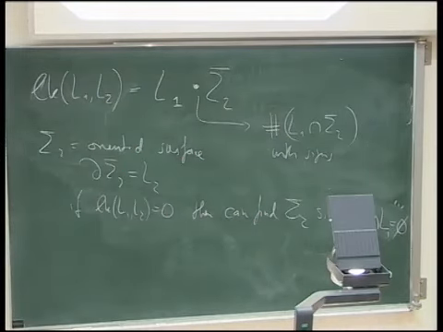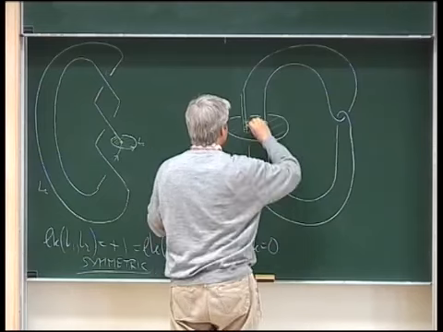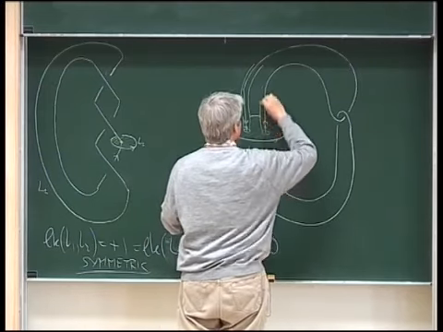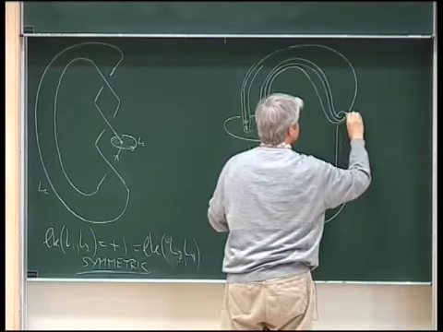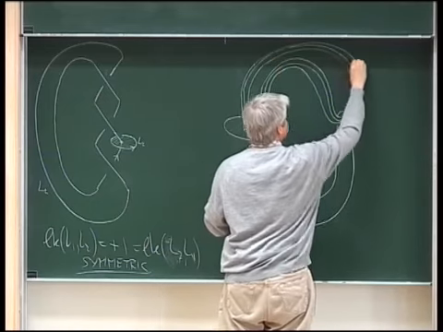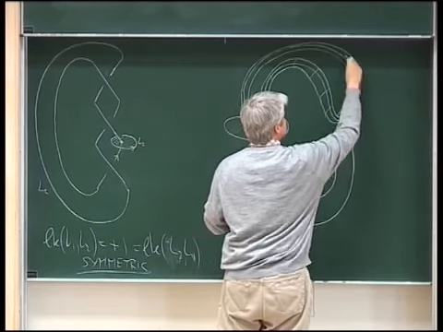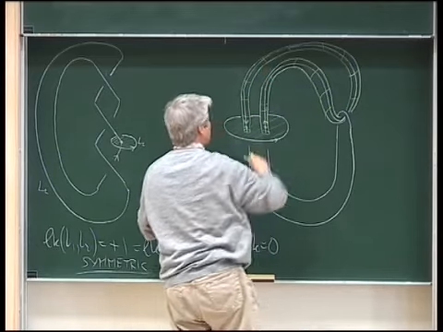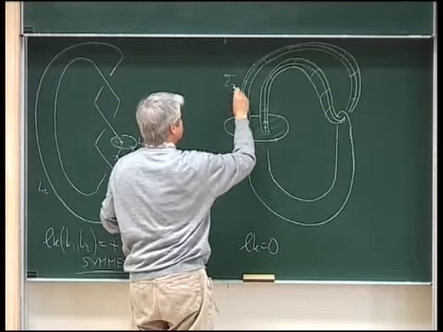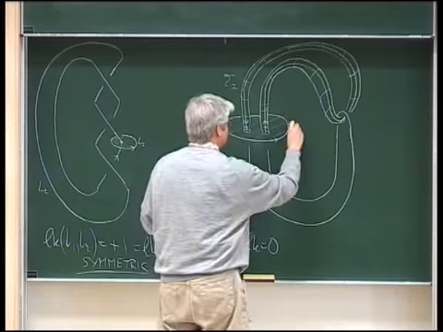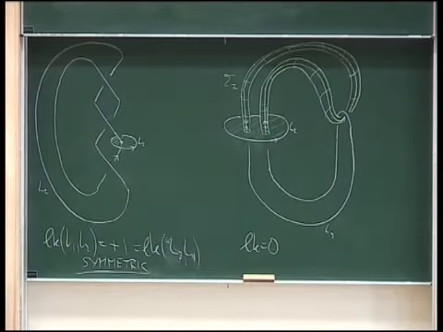So what you would do here, you would just say, okay, I take a little tube here, and I walk along this surface all the way around along this component. So I have these tubes. And now I have a surface of genus 1. So this new sigma 2 has the property that it does not intersect L1. So this was L2, this was L1. It no longer intersects it. And this is the general principle.